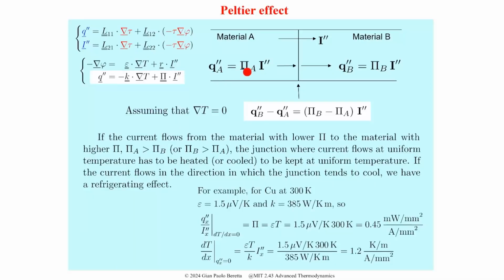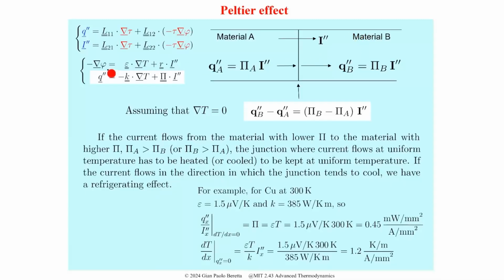But the problem is that this proportionality, the Peltier coefficient, is different for material A and material B. So at the junction, the electric current must be continuous because you cannot create charge. So at the junction, there is continuity. So the electric current that comes from A is the same that goes into B.